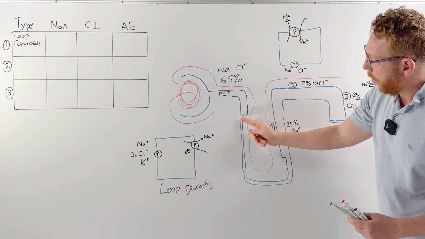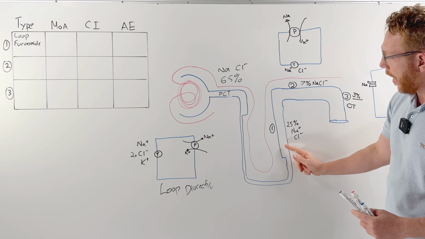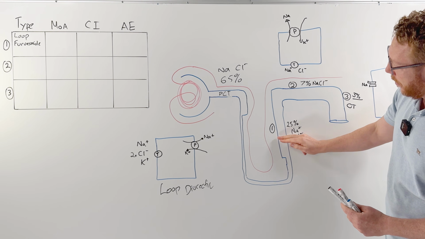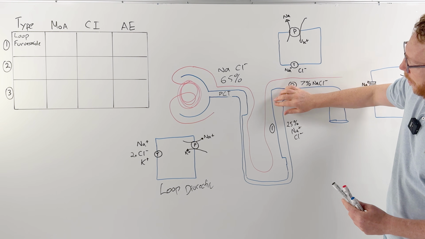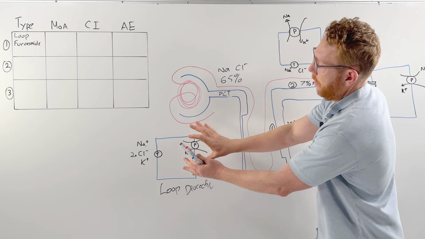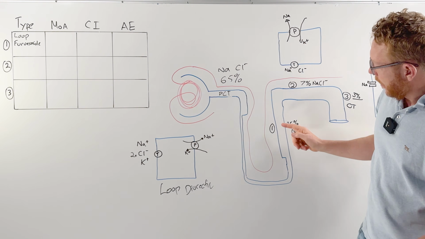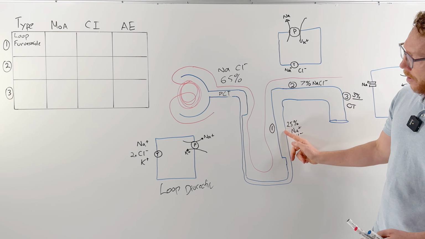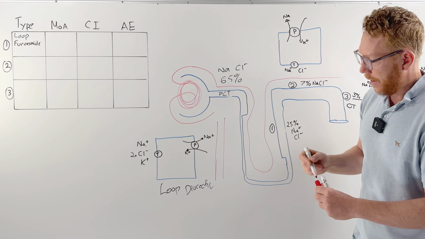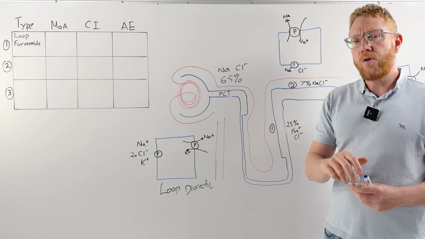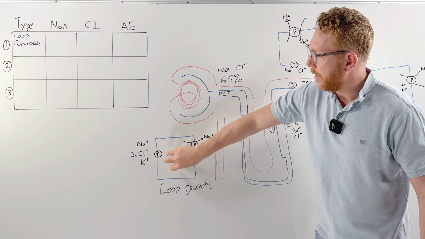As we come down the bottom of the loop and back up, we hit all these cells along the thick ascending loop, which I'm going to zoom in on. This part is the filtrate side, and this part is the blood.